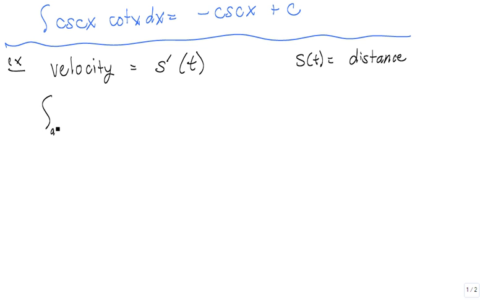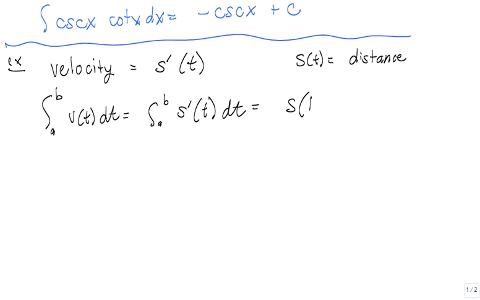So the antiderivative, a to b of velocity, let's do definite integrals. We're doing definite integrals here. So that's s of b minus s of a.